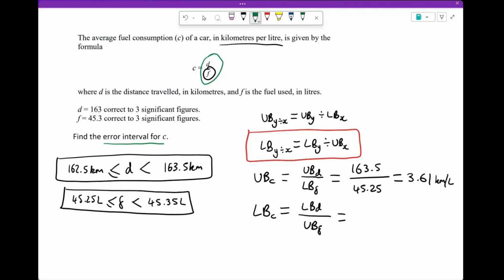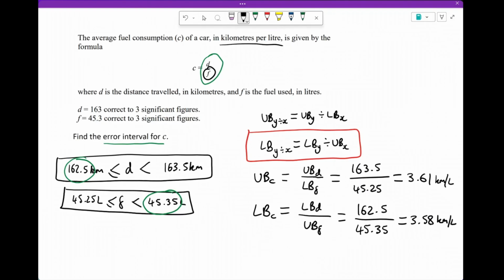So I need the lower bound of D, so that's 162.5. And then I need the upper bound of F, which is the 45.35. And then we're going to put that calculation into the calculator. And I get 3.58 kilometers per litre.